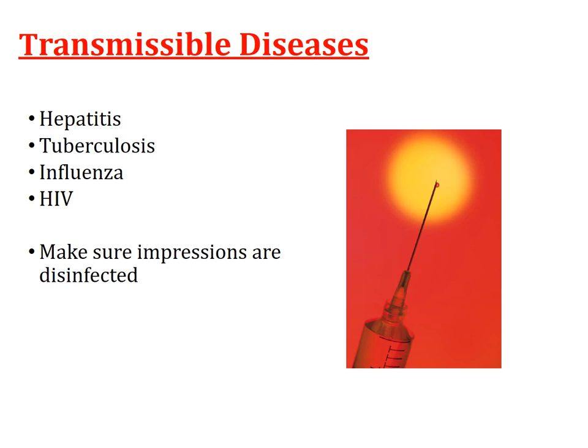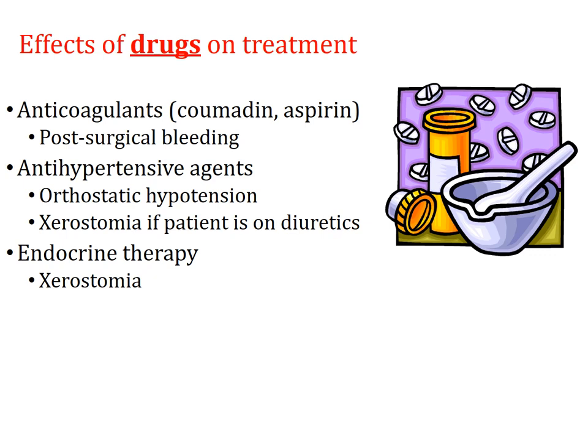Also, you have to make sure that the impressions are properly disinfected. You use surgical gloves instead of regular examination gloves, and consider any other drugs that may have an effect on the oral cavity of the patient, as many drugs can induce xerostomia, so you have to take them into consideration.